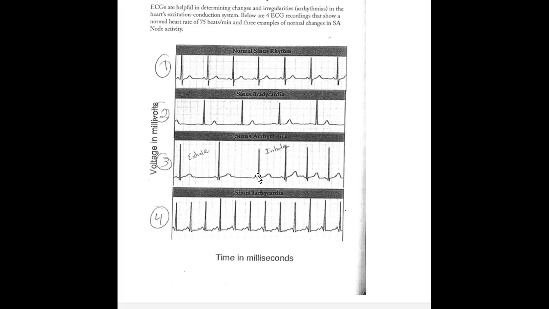And then when you inhale, you're expanding your chest, you're creating a low pressure zone in your thoracic cavity, which your brain interprets as low blood pressure, and your heart rate starts to speed up.